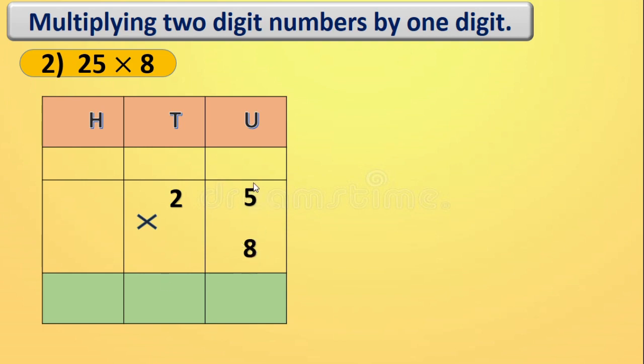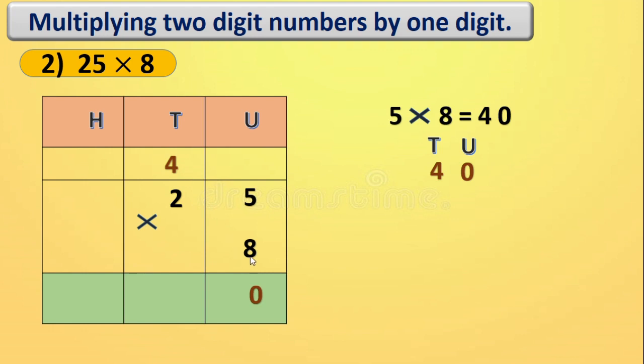Correct? 8 5s are how much? 40. Okay, 40 we will write here. See here 0 in unit place and 4 in the tens place. So 0 will remain here and 4 is carried over to the tens place or tens column.